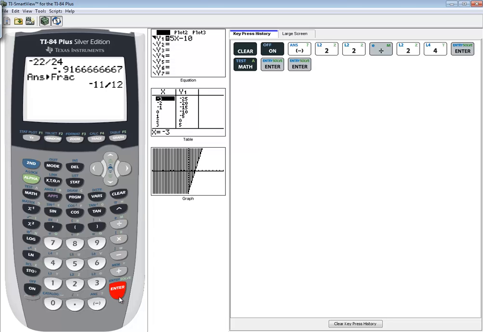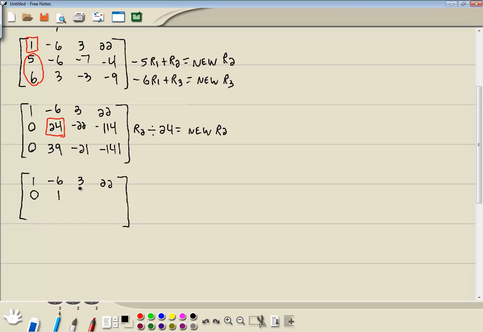And that gives us -11/12. So this will be -11/12. Now I won't show that on every problem because I have my TI-83 Plus in my hand. But -114 divided by 24, enter, and then math, enter. We get -19/4.